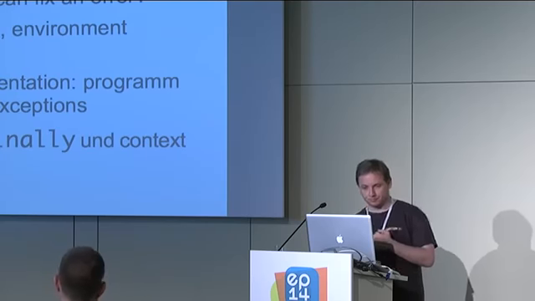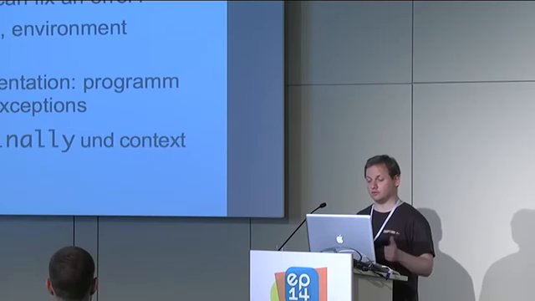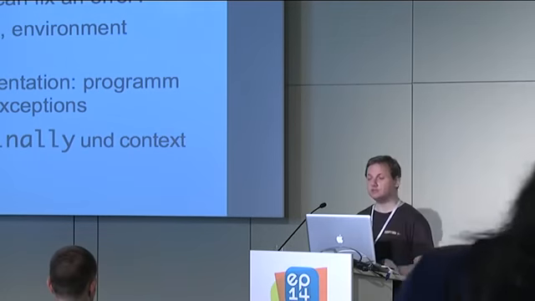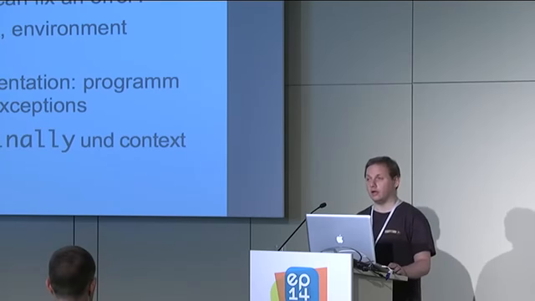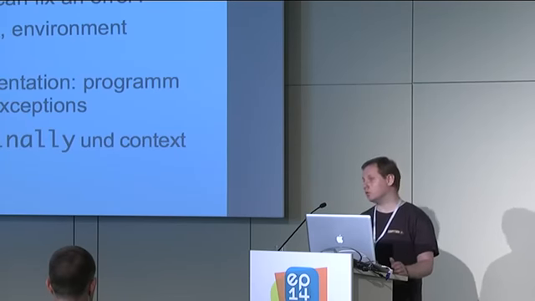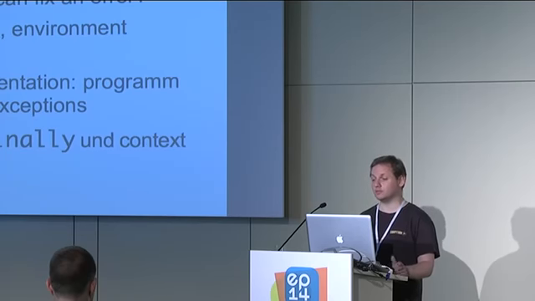Okay, so in summary, solution-oriented error handling is a set of guidelines to efficiently use Python's exception handling. The core consideration is who can fix the error. Users can fix errors during runtime if they are data errors or OS errors. Developers can fix errors during the implementation if they are assertions or other exceptions. And you always clean up in case of error, and you always clean up even if the result is produced, with finally, the with statement and context managers.